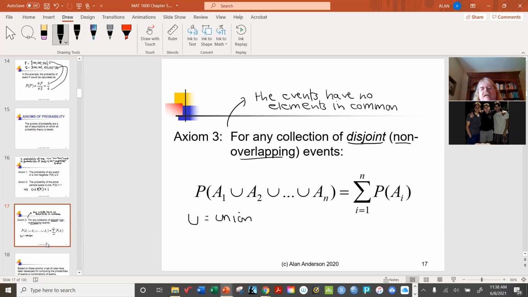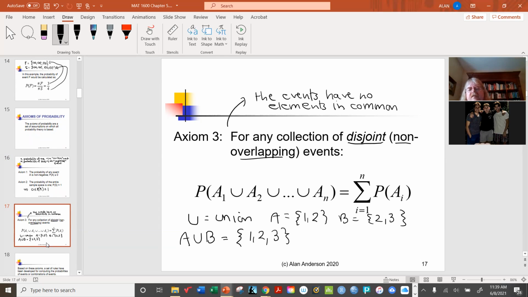And the union means you're taking 2 sets. Let's say you have set A is 1 and 2, and set B is 2 and 3. The union tells us to combine these into a new set that contains all the elements that are either in A or B or possibly both. And so you notice how, even though there was a 2 in both of them, I didn't list it twice.